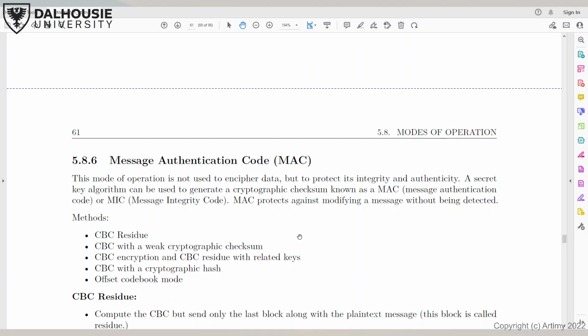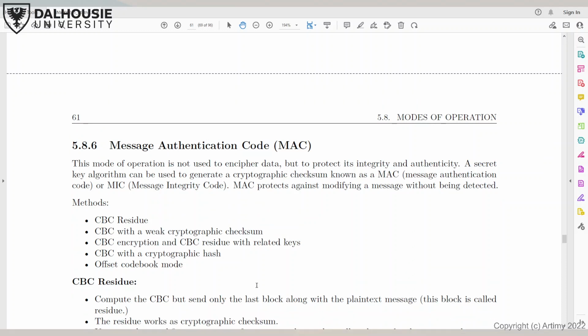Then we have one last technique that we use for message authentication. If you remember when I started this recording, I said that one of the applications for secret key cryptography is to make sure that the message is not being tampered with.